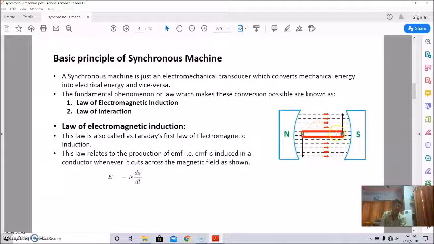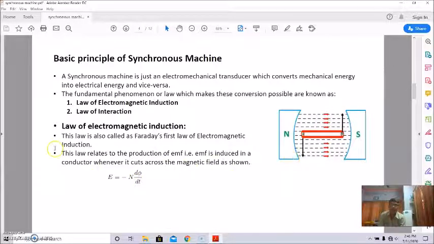Whenever this conductor is rotating in this direction, it will cut the magnetic field, and at each and every instant the rate of change of magnetic field will produce an EMF in this conductor. This EMF will try to oppose the very cause of its generation. That's why E equals minus N d phi by dt.